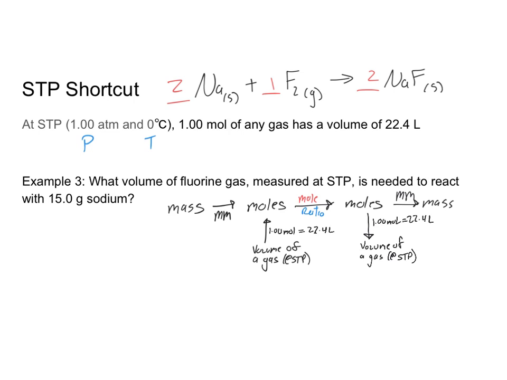So in this case, I have a volume of fluorine gas measured at standard temperature and pressure conditions, and I'm trying to determine that volume when we react it with 15 grams of sodium. So the way my head would work is I'm going to go from mass of sodium to moles of sodium to moles of fluorine gas to volume of fluorine gas.